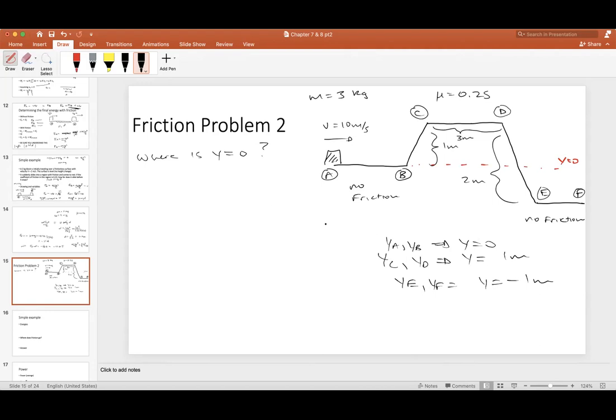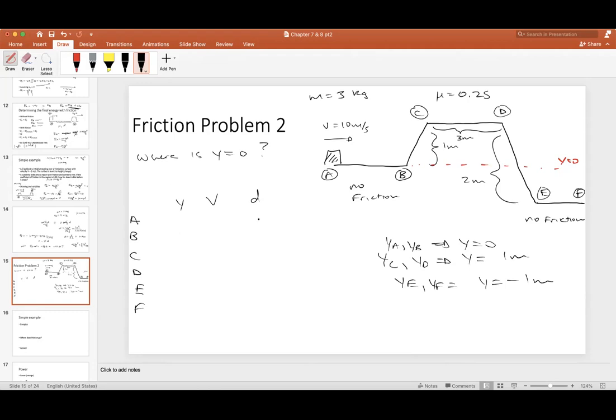Okay, so let's do this. A, B, C, D, E, and F, and we're going to write Y, and we're going to write V, and then we're going to actually write D for where there's friction. There's no springs in this problem, so we don't need to worry about X at all, although you could call this D or you could call it delta X or whatever.